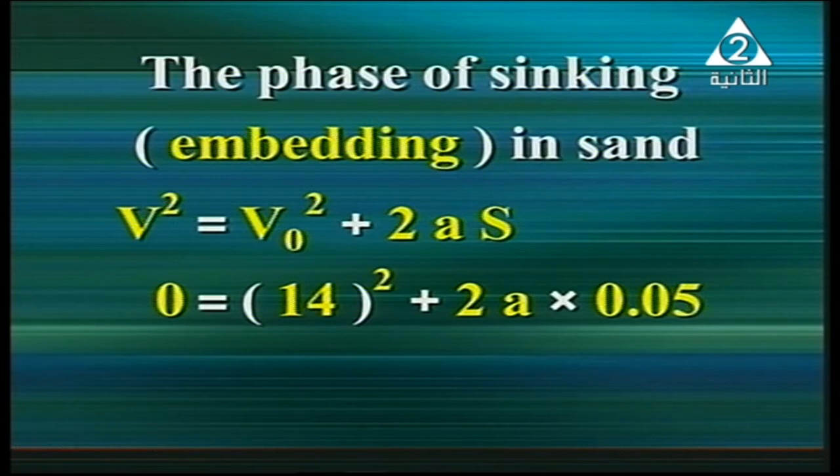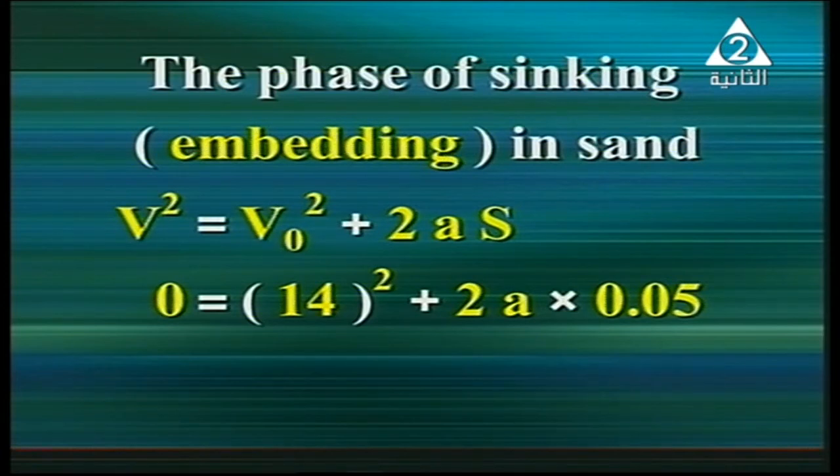V naught square equals 14 square plus 2as. V final velocity equals 0. Why? Because the body, when embedded in sand, stops, so the final velocity equals 0.